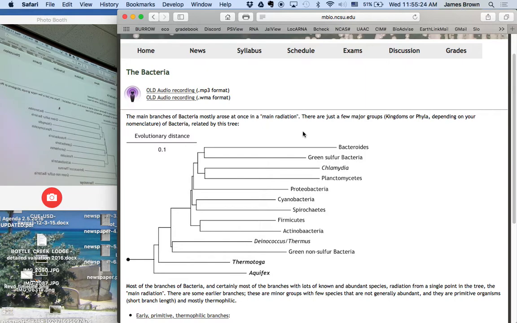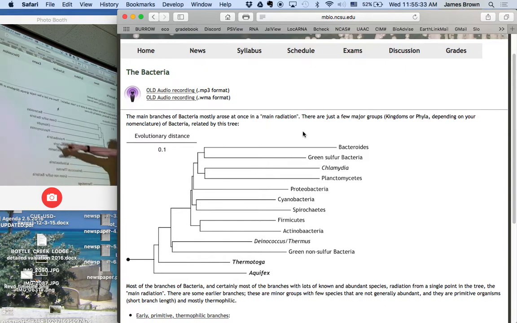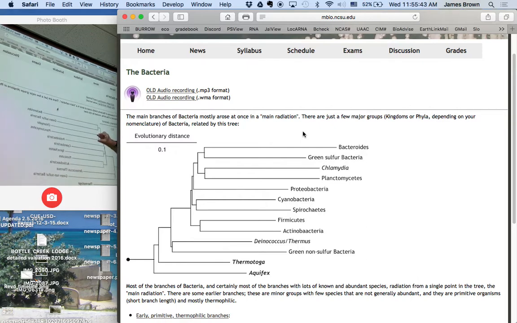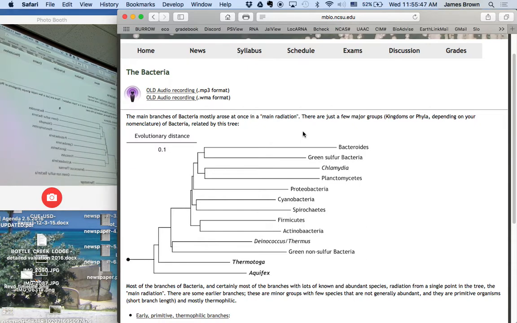Let me give you an example. One meaning is that they lack an outer membrane, right? But the problem is, although these lack an outer membrane, most of these do not. These lack an outer membrane. All the rest of them have an outer membrane. So if the outer membrane is what you consider gram-positive, then these are also gram-positive. If staining gram-positive is all you mean, then most of the archaea are gram-positive as well.